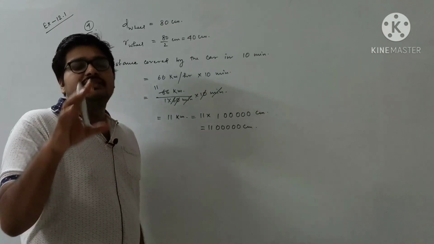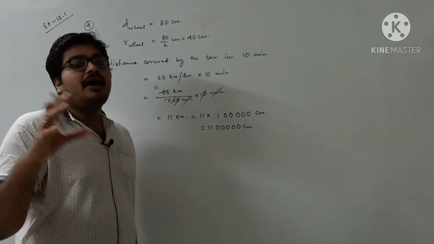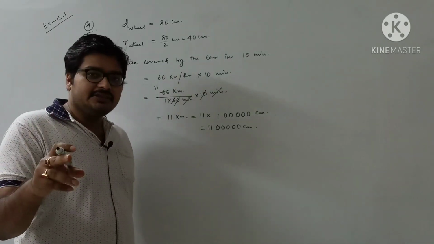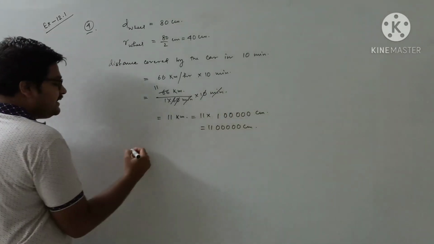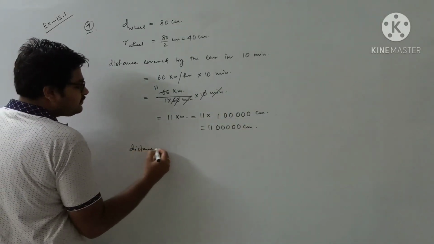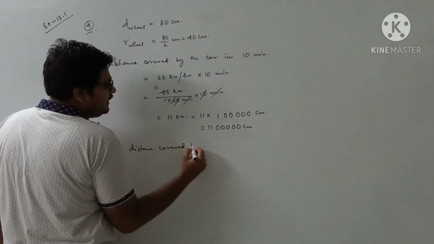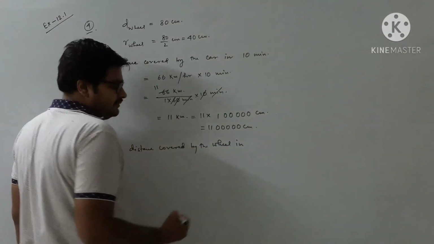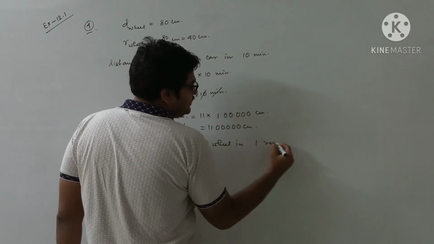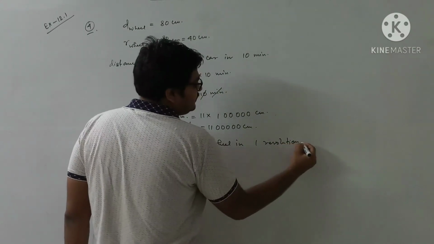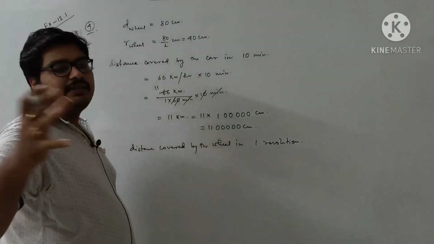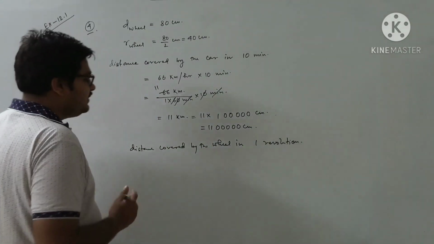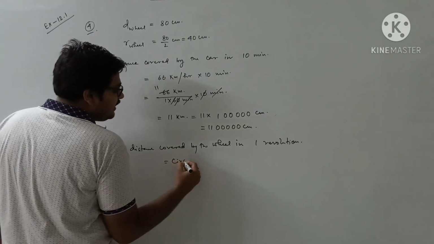And in one revolution, how much distance will the wheel cover? That is equal to the circumference of the wheel. So the distance covered by the wheel in one revolution will be equal to the circumference of the wheel.